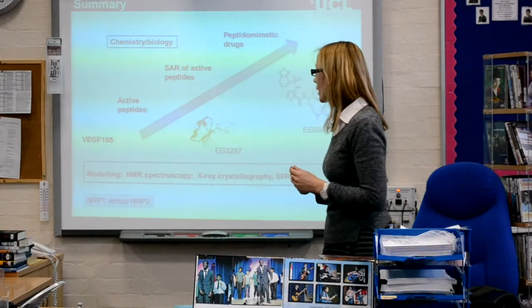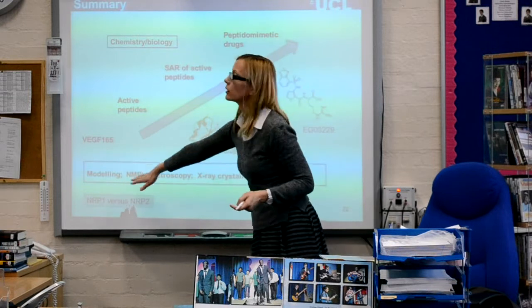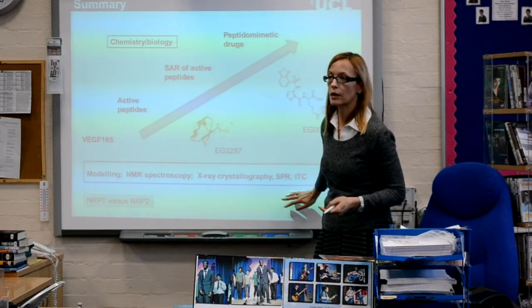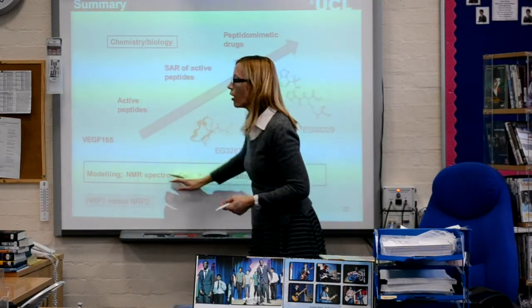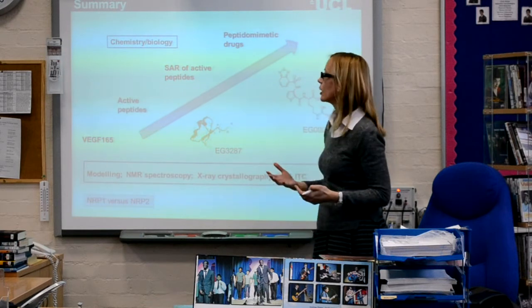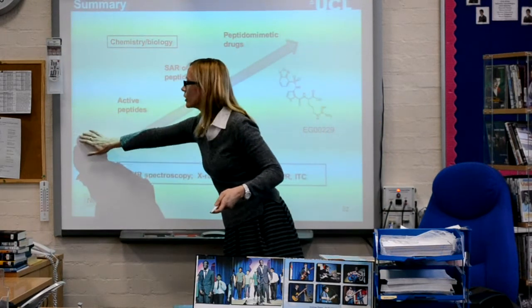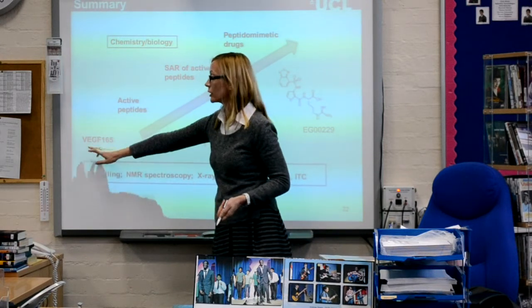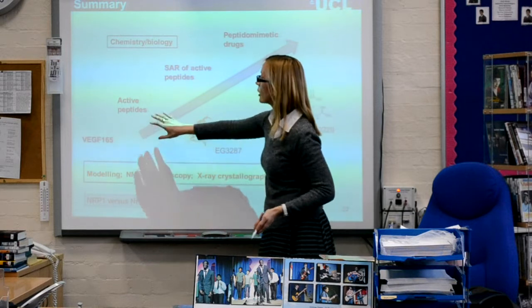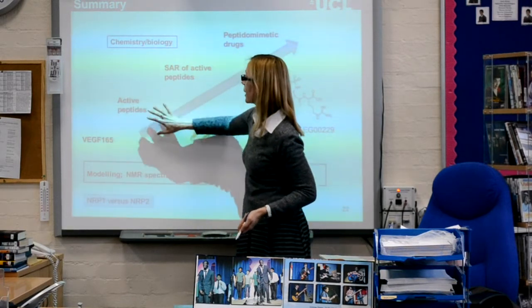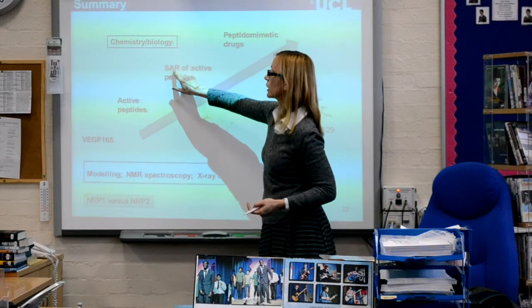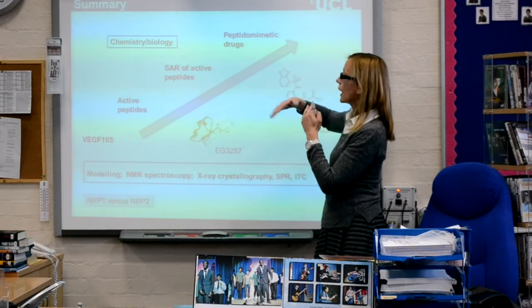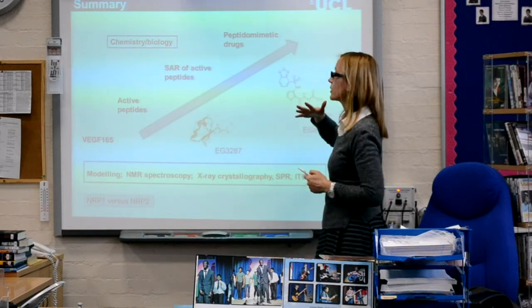In summary, what we did, we used molecular modeling, NMR spectroscopy, X-ray crystallography, surface plasmon resonance, isothermal calorimetry, all of these biophysical techniques to start from just knowing what the original biological ligand looks like, VEGF, this vascular endothelial growth factor, and then slowly go from making active peptides, then carry out what we call structure-activity relationship of active peptides, do crystallography, and get more and more understanding of both chemistry and biology.